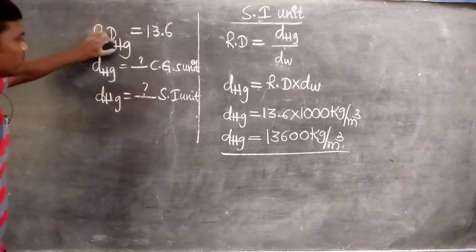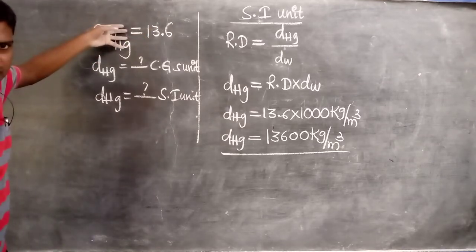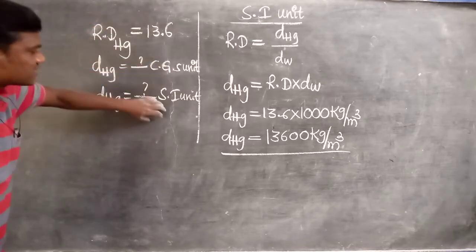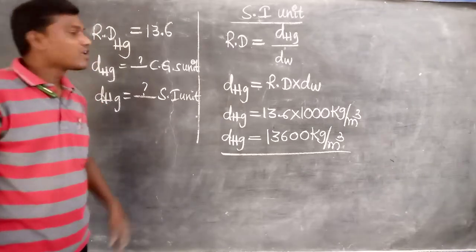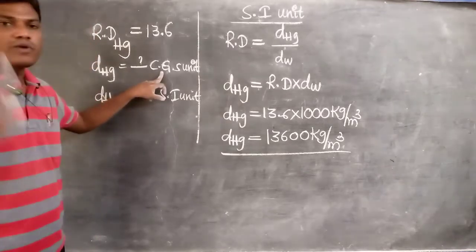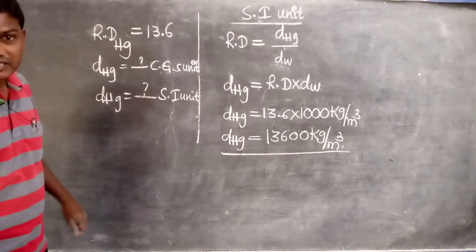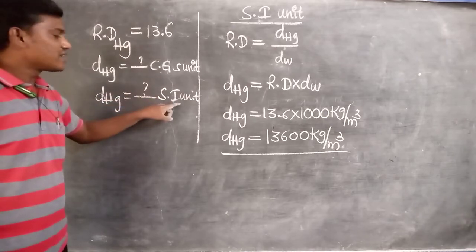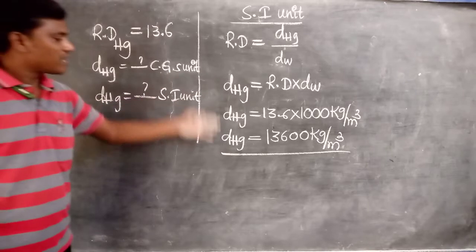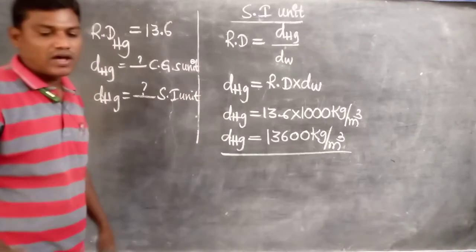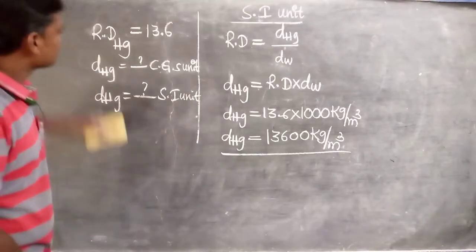Find the density of mercury or any substance in CGS and SI units. So this is the method to find it. When you find the CGS unit, the density of water is 1 gram per cc. According to the SI system, the density of water is 1000 kilograms per meter cube. Then you can easily find the density of the given substance.